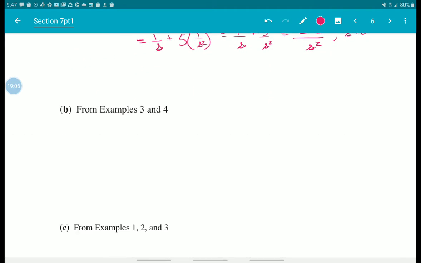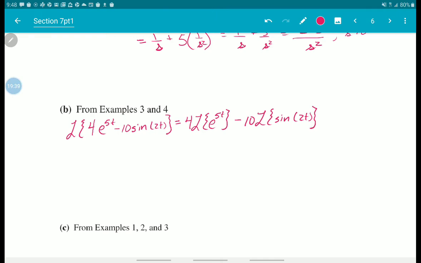Let's do an example that's going to combine some other ones. Let's say we want to take the Laplace of 4 e to the 5t minus 10 sine of 2t. So that's the same thing as taking 4 times the Laplace of e to the 5t. So we're just pulling that multiple of 4 out. Same thing with the 10. We could factor that guy out.